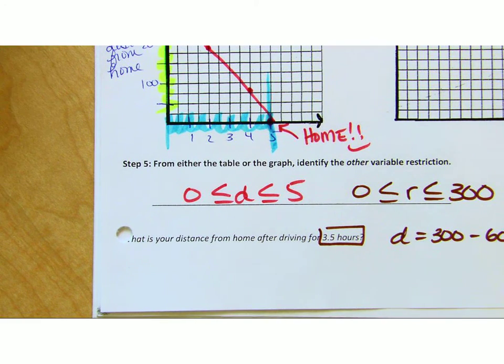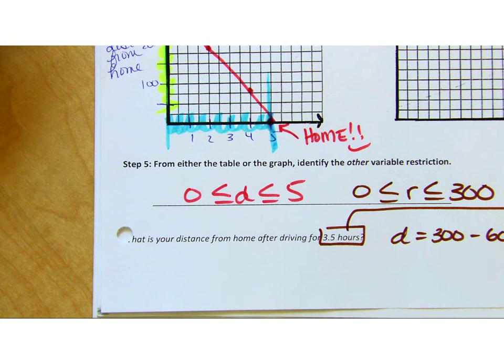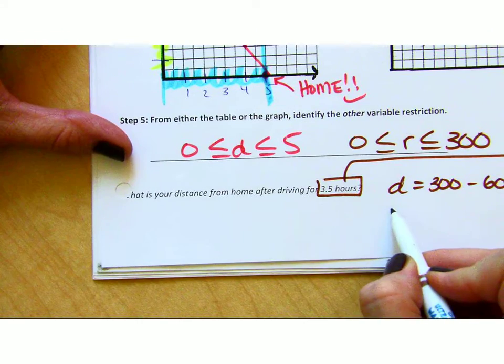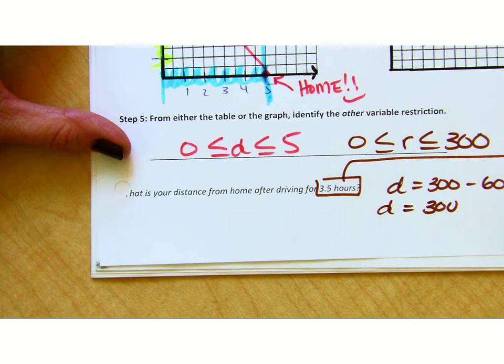And I get what? 210. Yes? So D is equal to 300 minus the 3.5 times 60, which is 210. And D is equal to 90. I'm still 90 miles away. I'm still an hour and a half away.